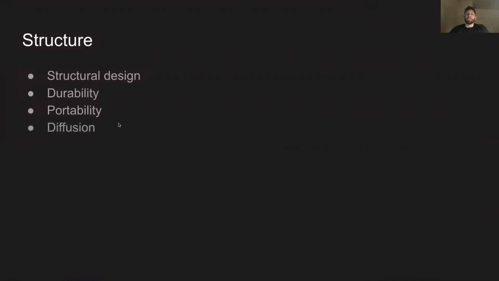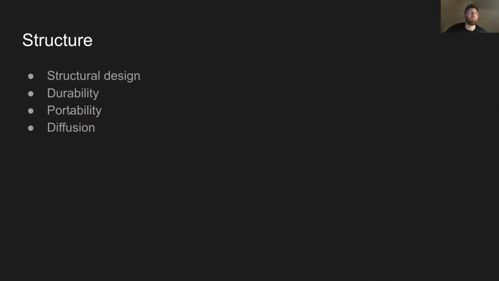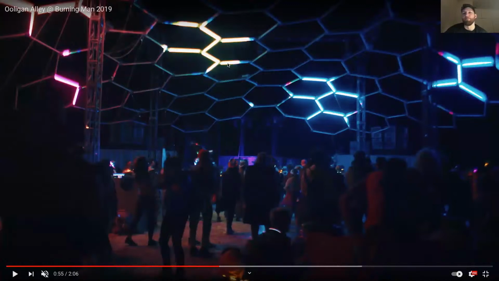And the final element that I would like to introduce is diffusion. So we've talked about diffusion a few times. You've seen a few examples. It's using material to break up the light and give it a more milky and fluid appearance. Diffusion actually comes hand in hand with structural design, durability, and portability, because one of the best ways to make your lights more durable is to put a diffuser around them.